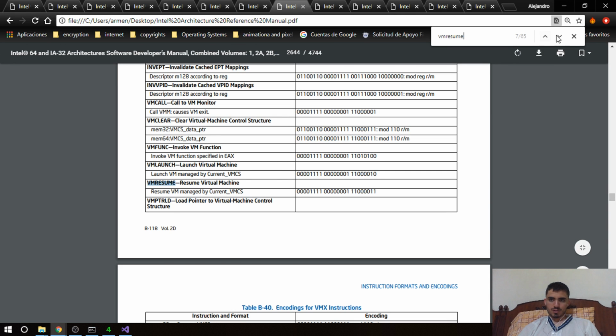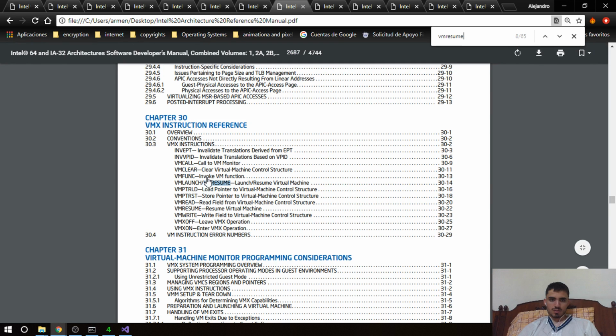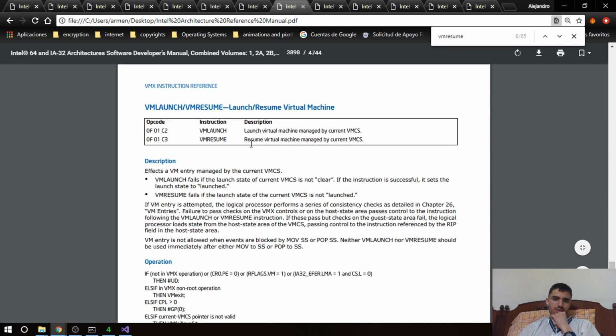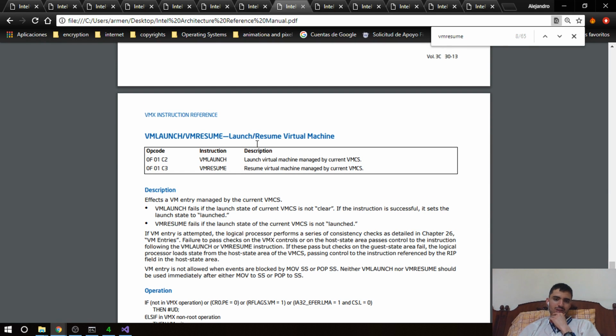Well, let me see. This is the instruction reference. We have VMRESUME. It doesn't tell us if it's 64-bit mode or 32-bit mode. I have to read a little bit more about virtual machine instructions.